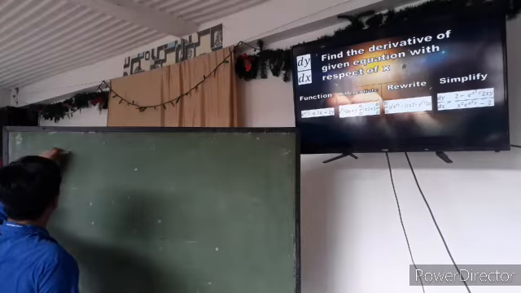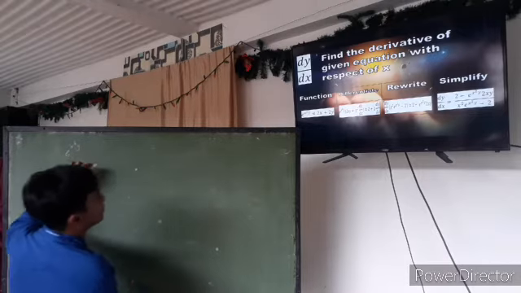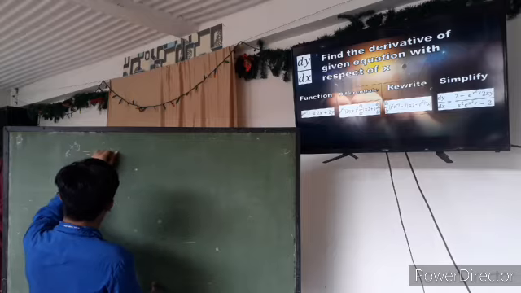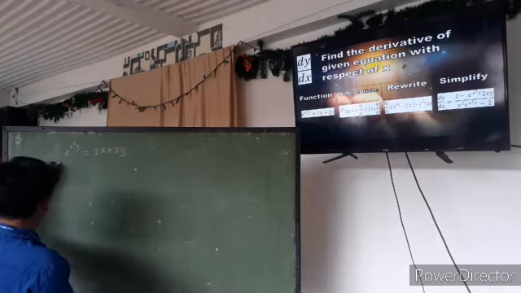Now for the example e raised to x squared y equals 2yx plus 2y. Differentiate both sides.